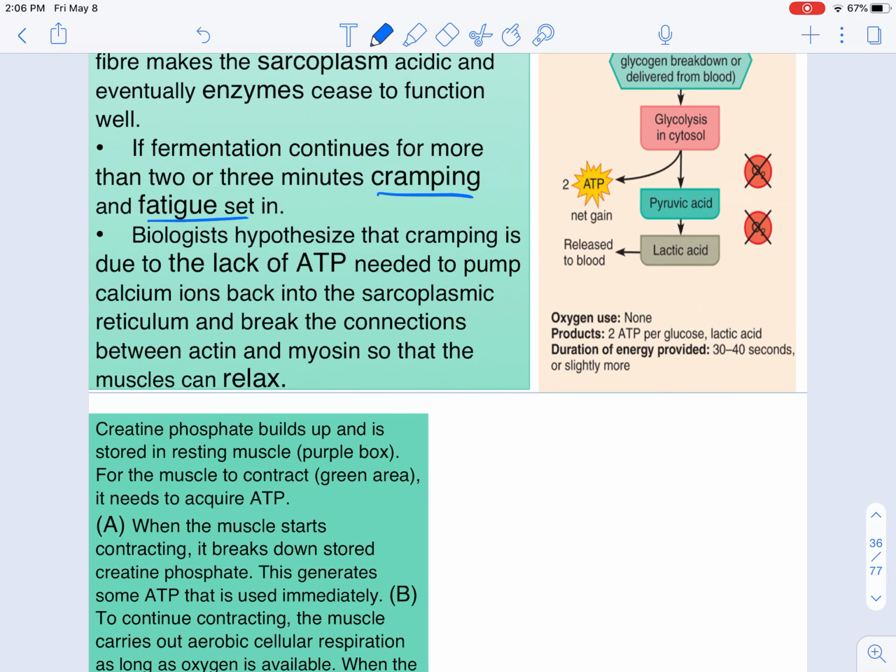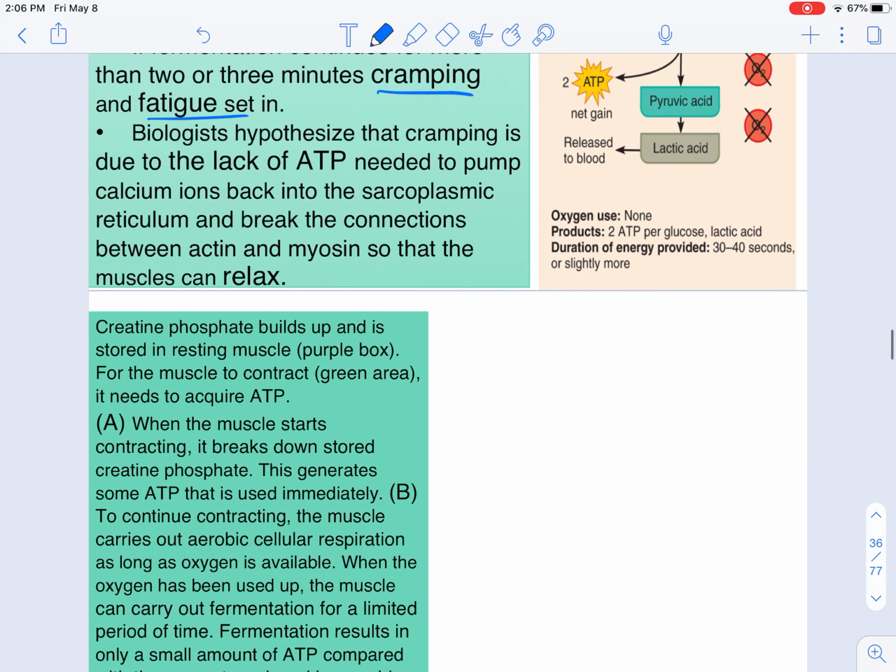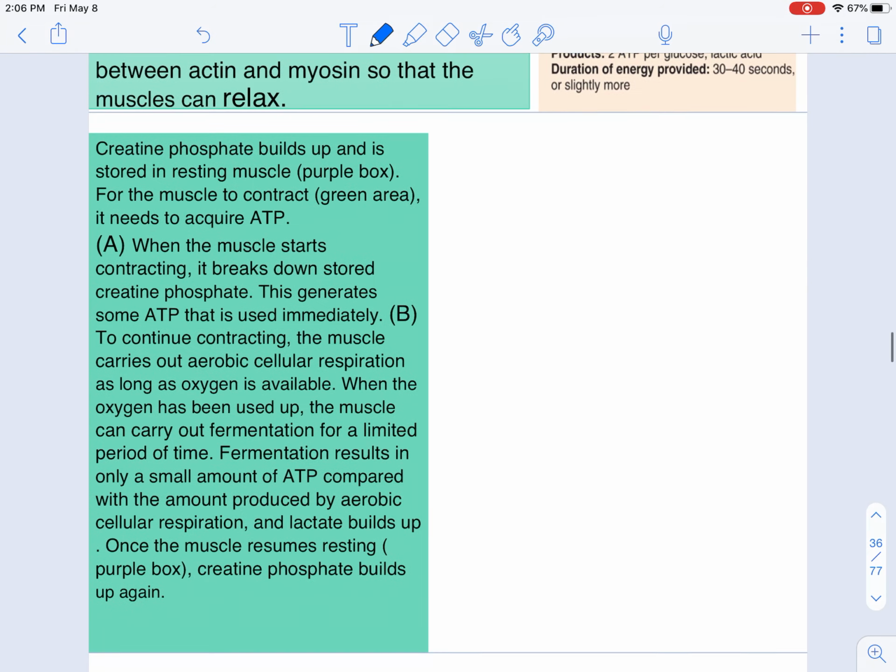So what's going to happen after is that the lactic acid will have to get changed back into pyruvic acid in the liver. We talked about that before. And then it can go through regular respiration.